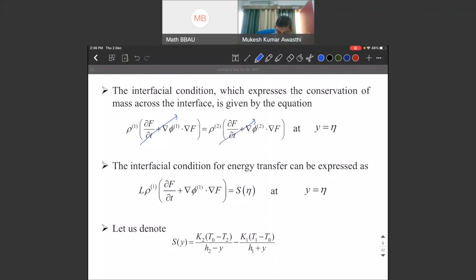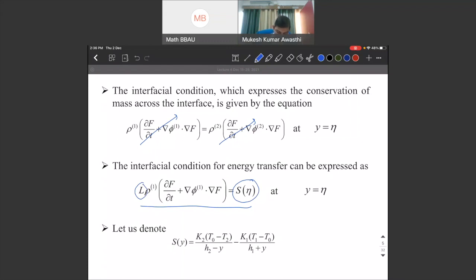Now the interfacial condition for heat transfer. The interfacial condition for heat transfer says that the net heat flux is basically equal to the total latent heat released during the phase transformation.